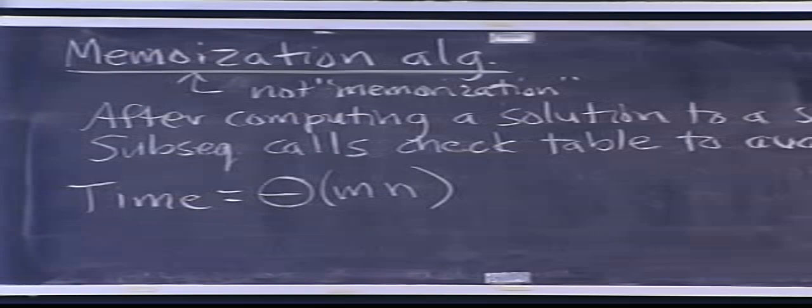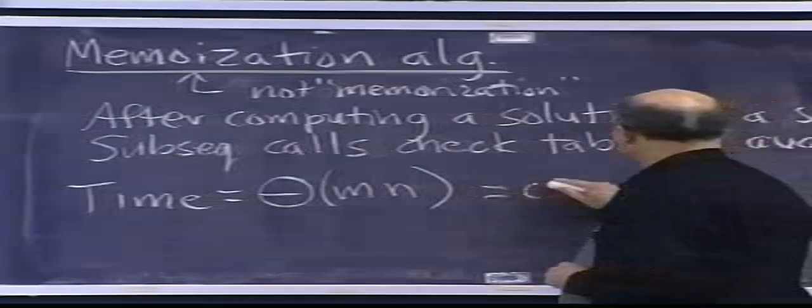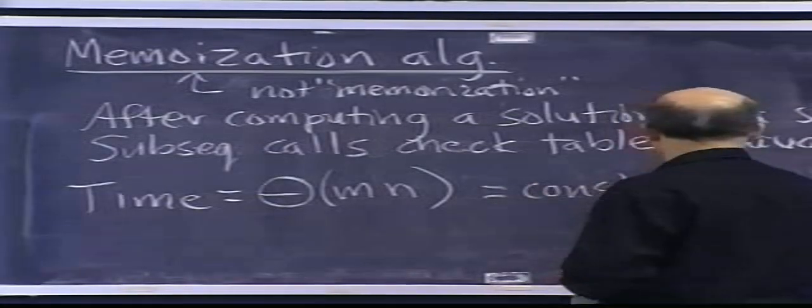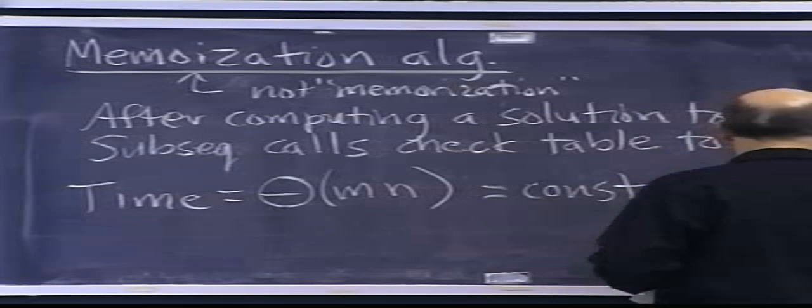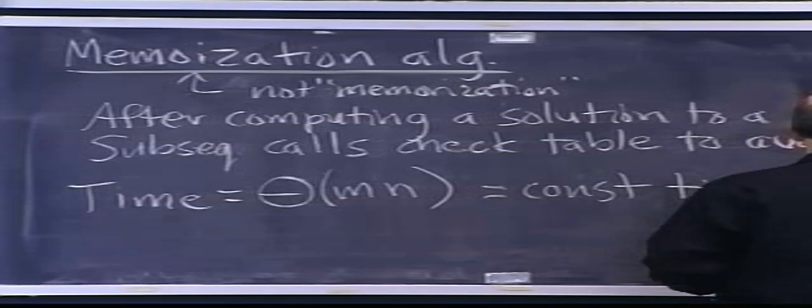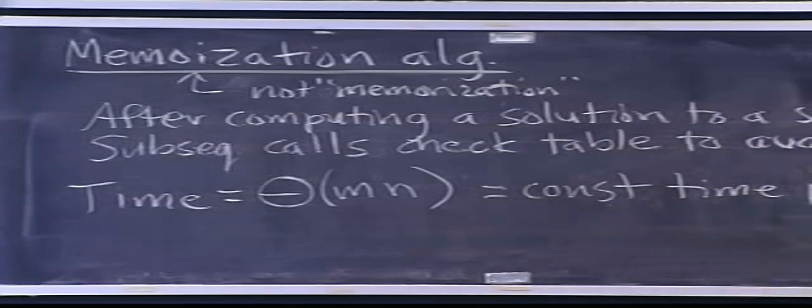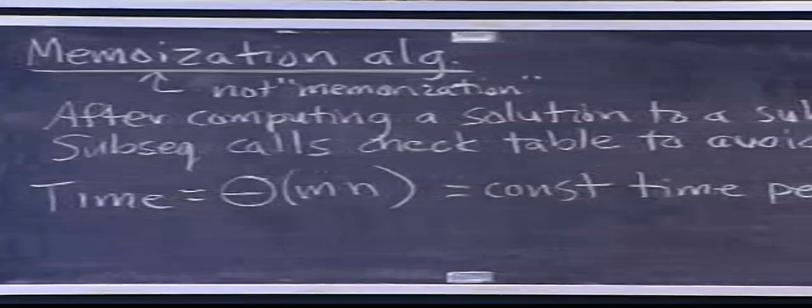Okay. Notice that this is just constant time per entry. But goodness, sometimes you're doing all this computation, sometimes you're not. Why is this order mn? Yeah?